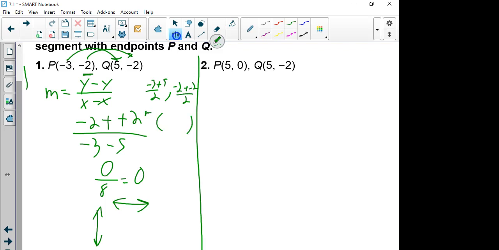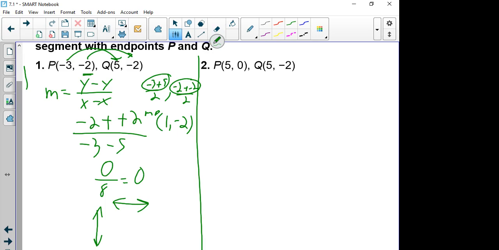That's going to give me a midpoint of 5 minus 3 is 2, divided by 2 is 1, and negative 2 plus negative 2 is negative 4, divided by 2 is negative 2. So I know it's going through the midpoint of 1, negative 2, and it's a vertical line.